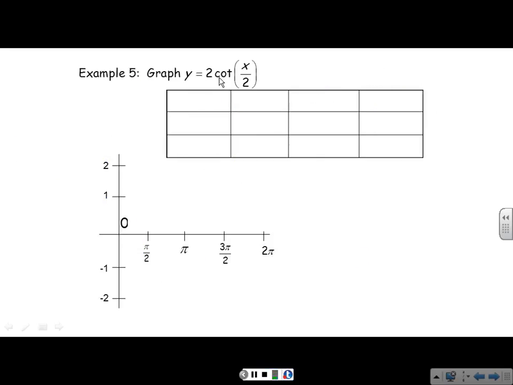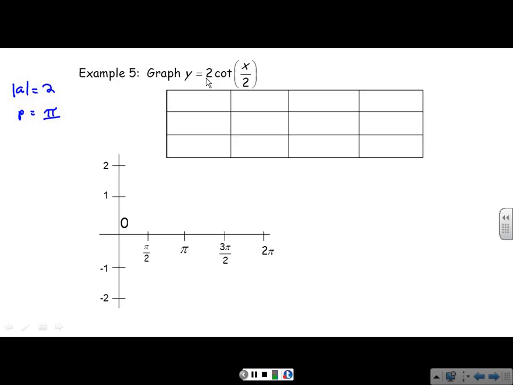Alright, so let's try again. This is cotangent, and remember, for cotangent, we are naturally going to go from 0 to pi. Here we have an amplitude of 2, and we have a period of pi divided by b.